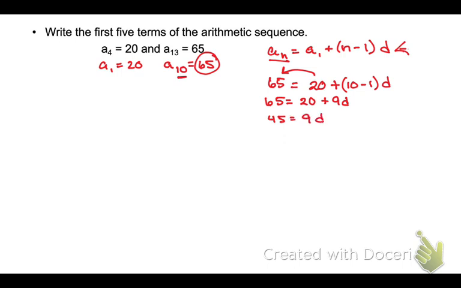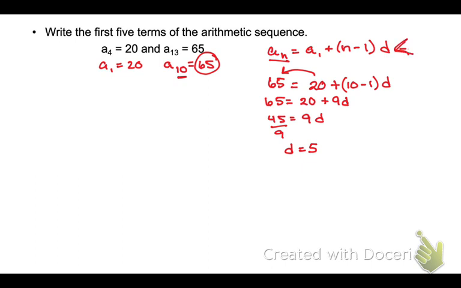It is 5. But we probably should do that mathematically and not just go, oh, my instincts tell me. Okay, I have a question. With that one, I figured out it was 5 because I just divided. But also, if you just take 13 minus 4, that gives you 9, and 65 minus 20 is 45. But that's what we did right here.